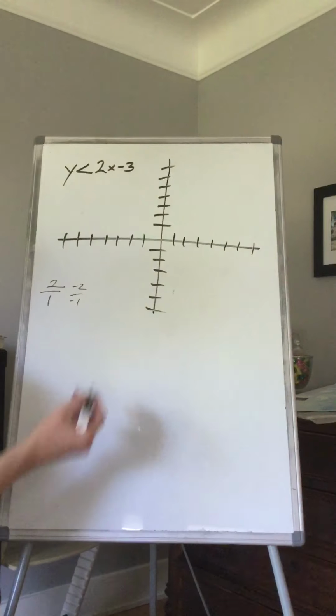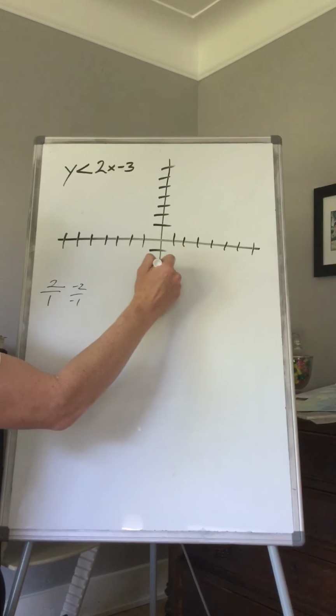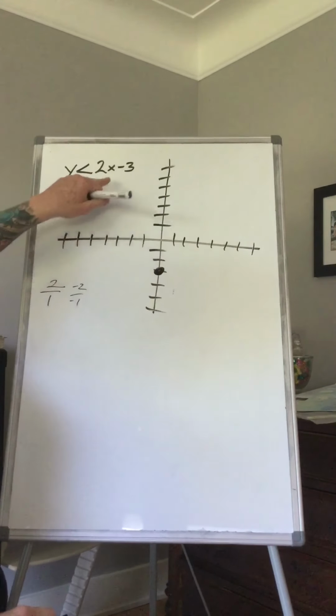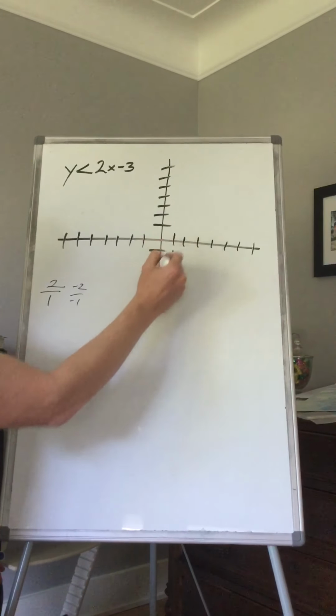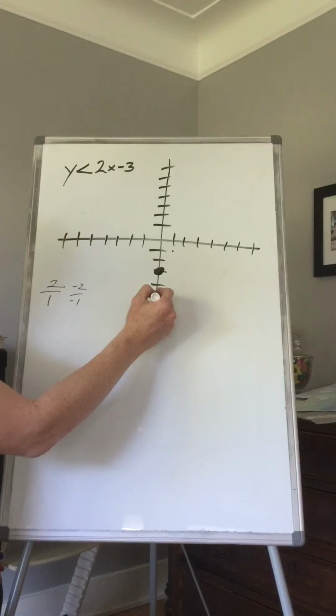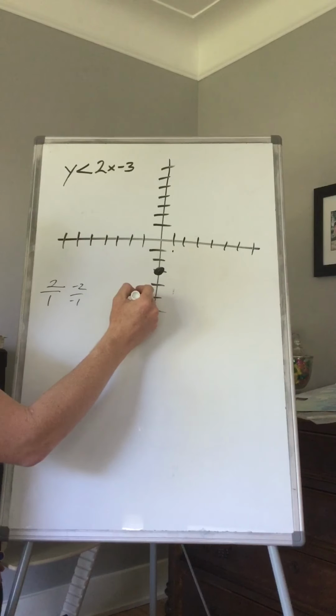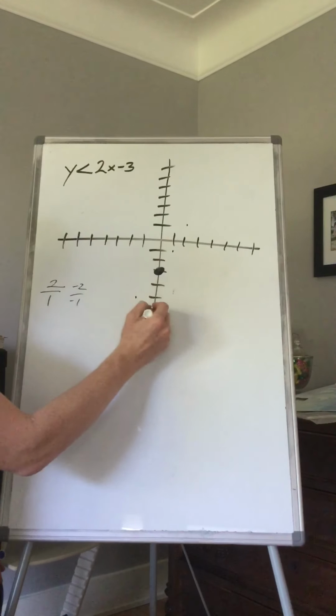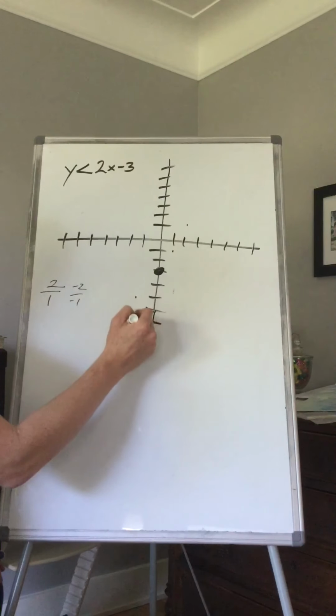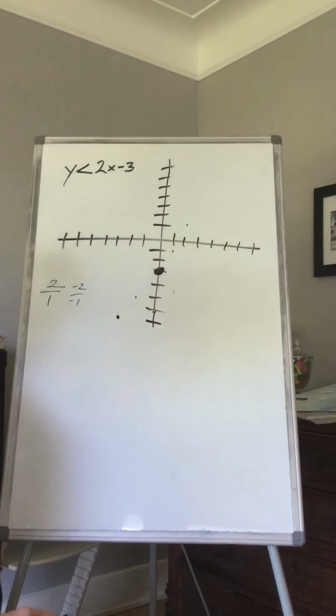So go back to what we did earlier, negative 3 is here. I go up positive 2 over 1, and down 2 over negative, or to the left 1. 1, 2, 1. So I have my line.